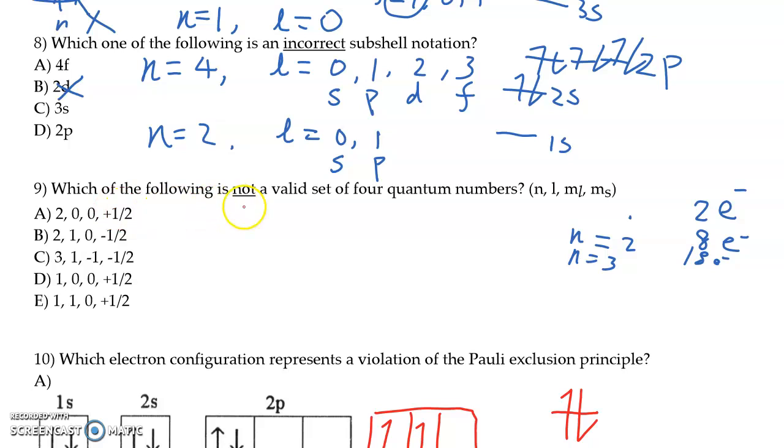Which of the following is not a valid set of quantum numbers? Let's do a similar thing. When n is equal to 2 and L equal to 0, that means it's 2s.